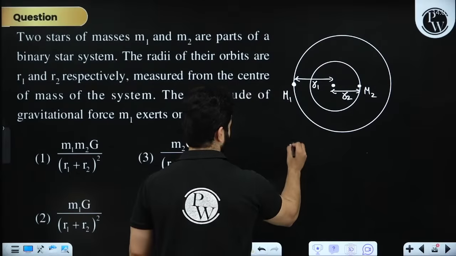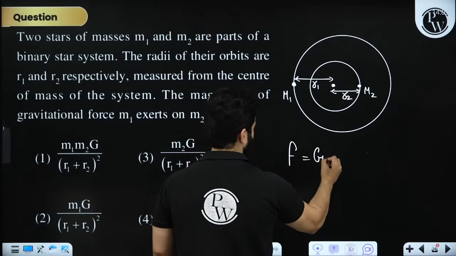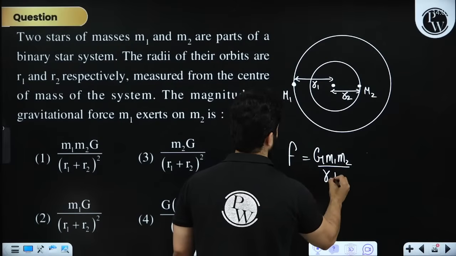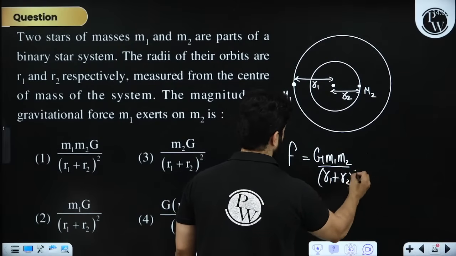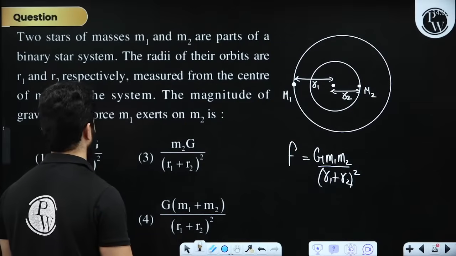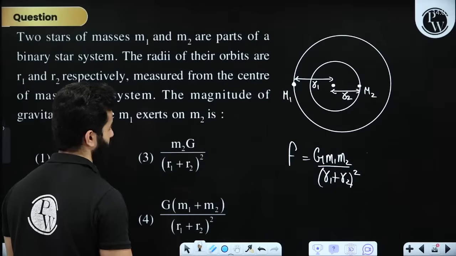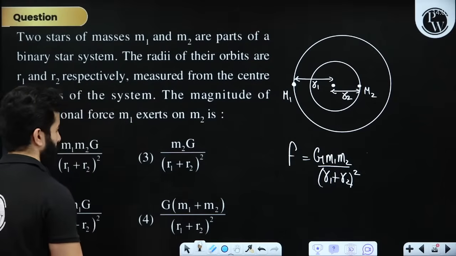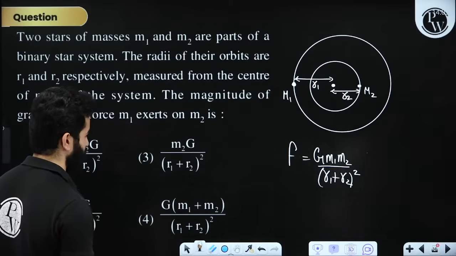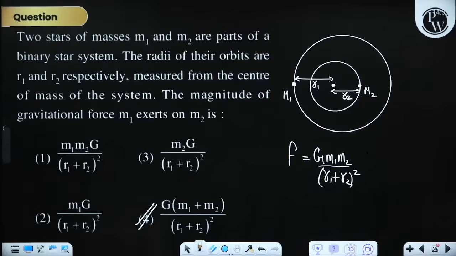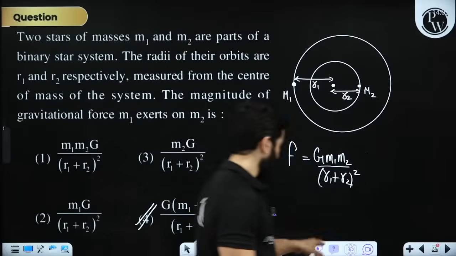So it's going to be F equals G M1 M2 upon R square, that means R1 plus R2 whole square. So G M1 M2 upon (R1 plus R2) whole square, that means option 4th. Please let me know if you have any doubt. This is going to be the correct answer, that means option number 4.